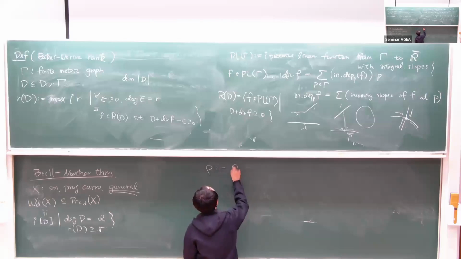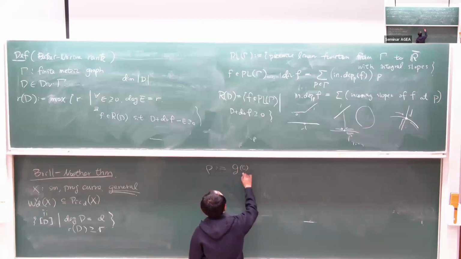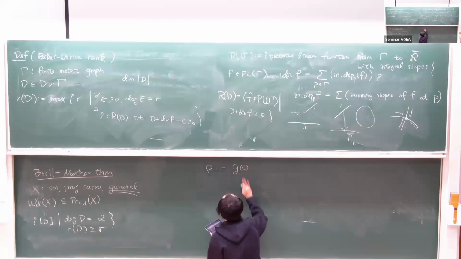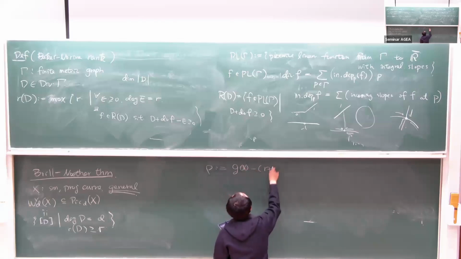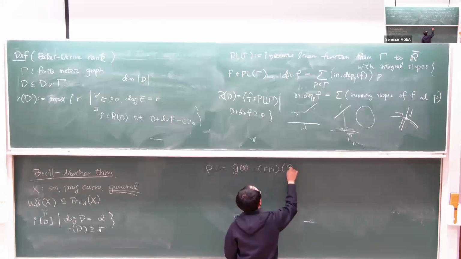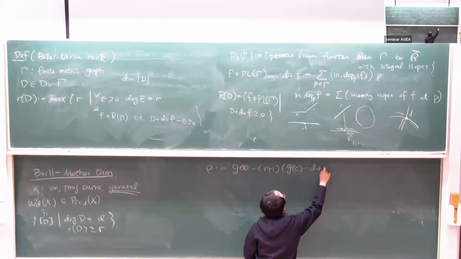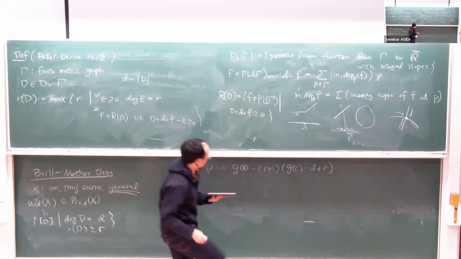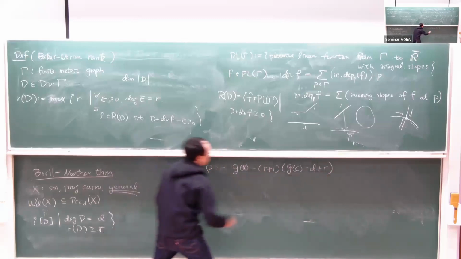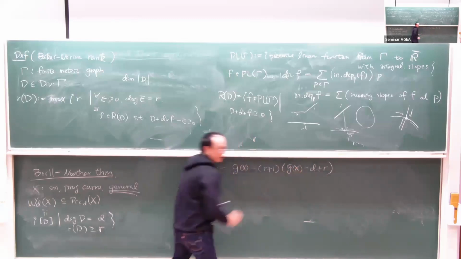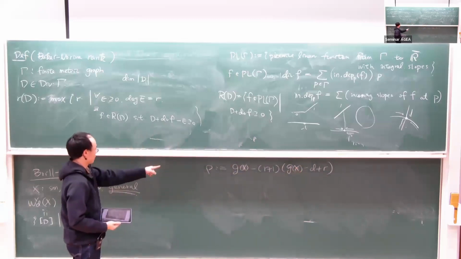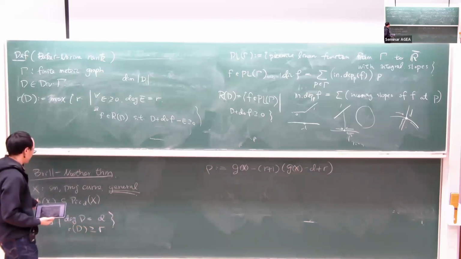It's the genus of the curve, say it is X, sorry, minus (r+1) times (g-d+r). So this is the so-called Brill-Noether number associated to these parameters r and d, and it is the expected dimension of the subscheme.